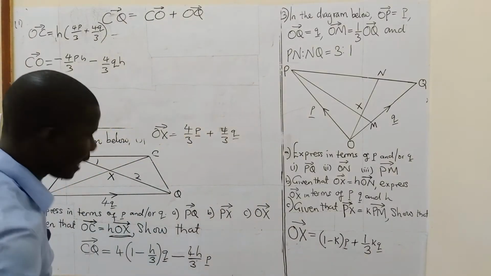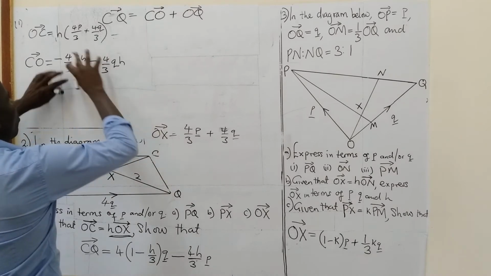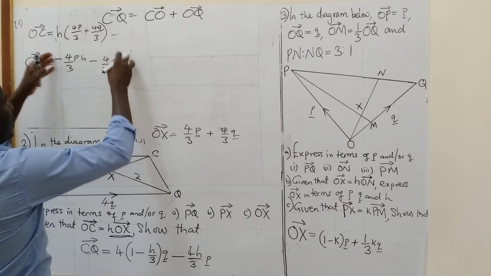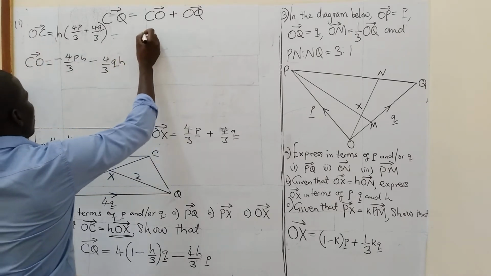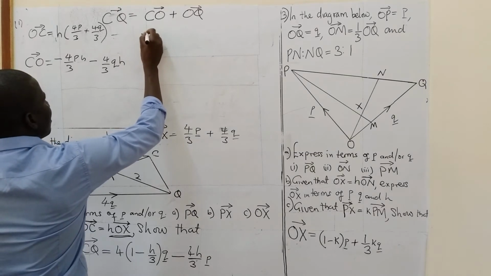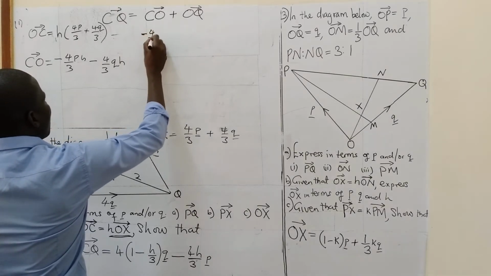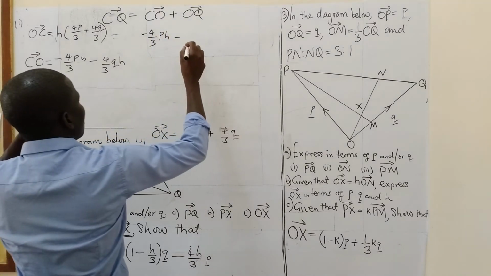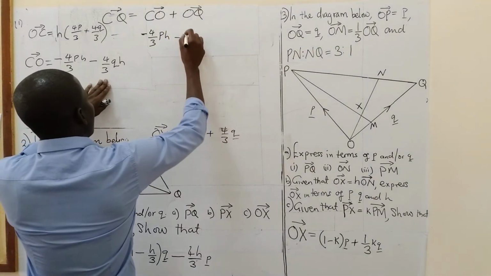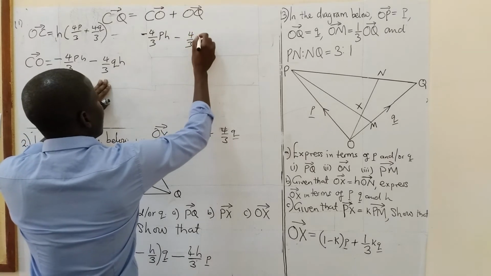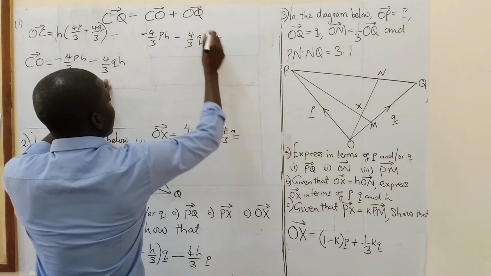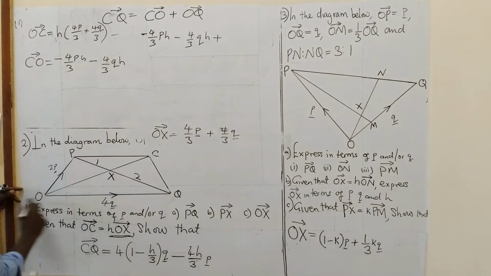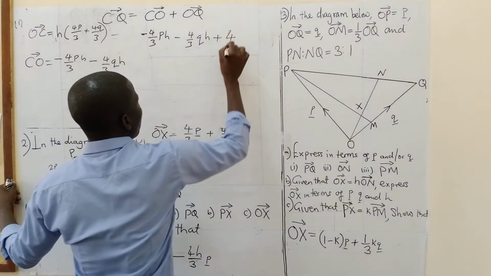So take note of that. Here where we have CO, this is what we are going to put: minus 4 over 3 ph minus 4 over 3 qh, then plus OQ.